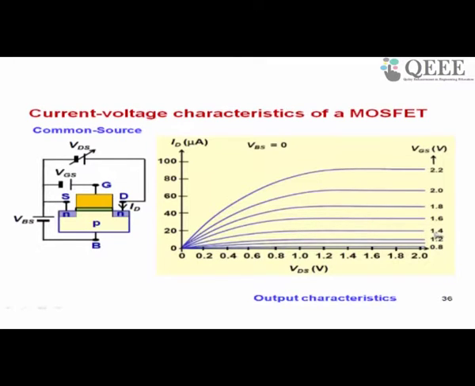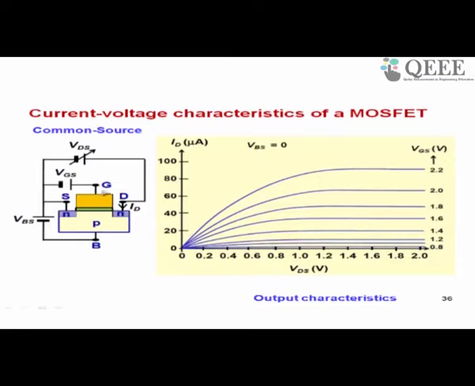For equal increments in voltage, for higher voltages you get more increment in the drain current, right? So that is a difference. Another difference is also that the saturation voltage, that is the voltage at which current saturates, is a little higher than in the case of bipolar transistors.